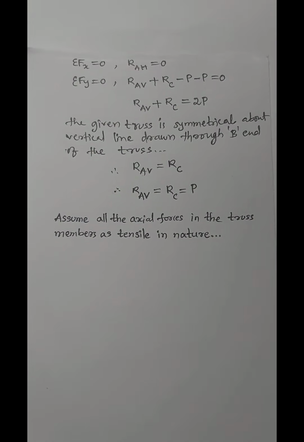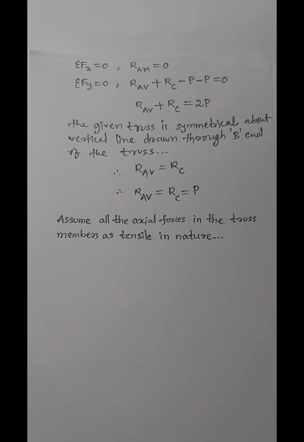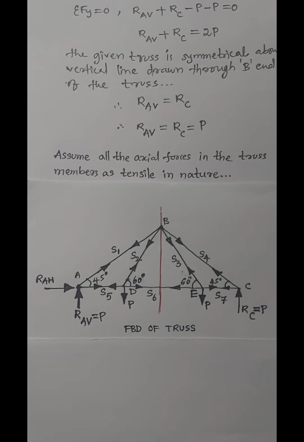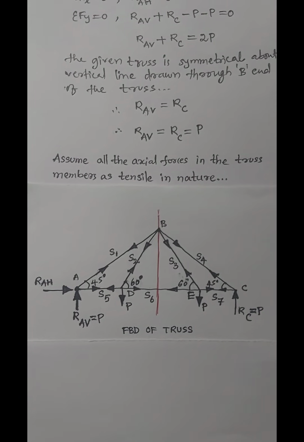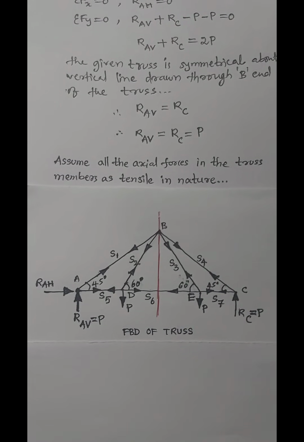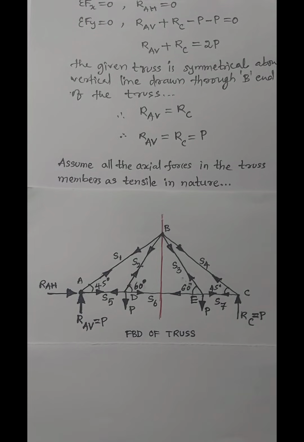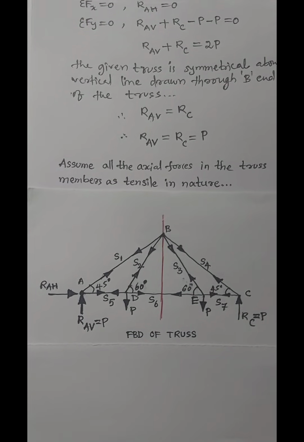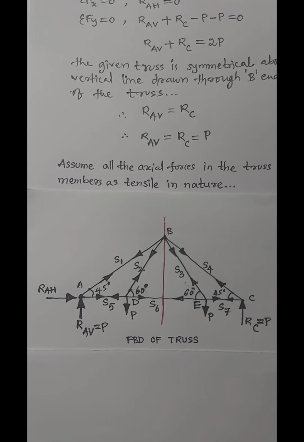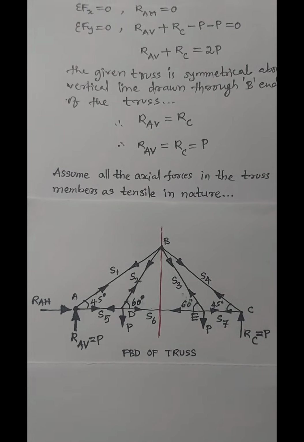Assume all the axial forces in the truss members as tensile in nature. In each and every member of the truss, we have considered tensile force. A tensile force is always directed away from the joint, and that is what we have considered here.